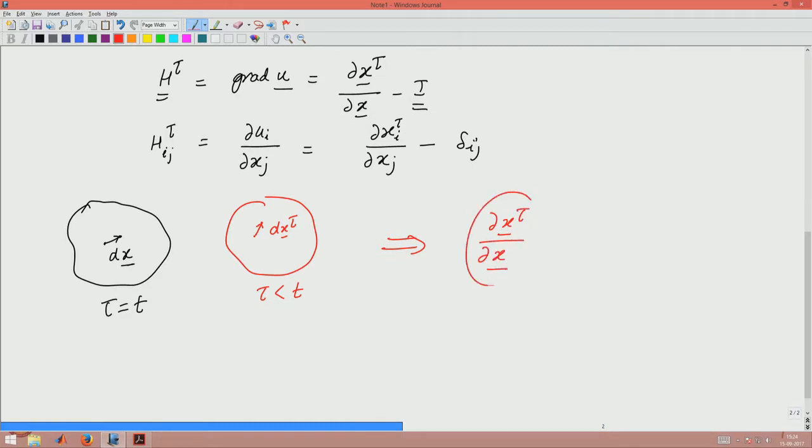So, this is comparing the hypothetical material fiber connecting two material points.